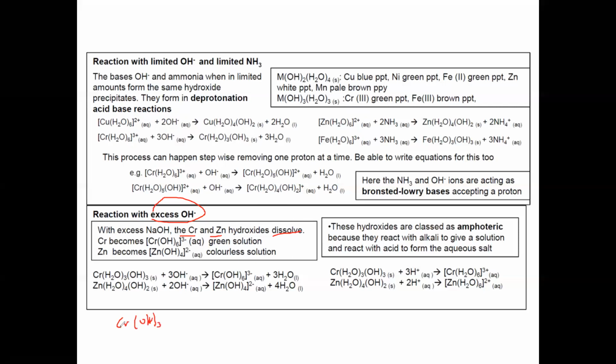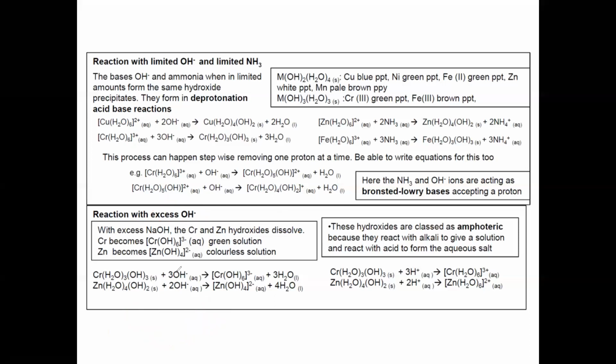Generally hydroxides are alkali, but when it reacts with more sodium hydroxide, it means a reaction of hydroxide with hydroxide. This is losing a proton and the hydroxide ion is gaining a proton. So this chromium hydroxide is acting like an acid. That's why we call this hydroxide amphoteric.